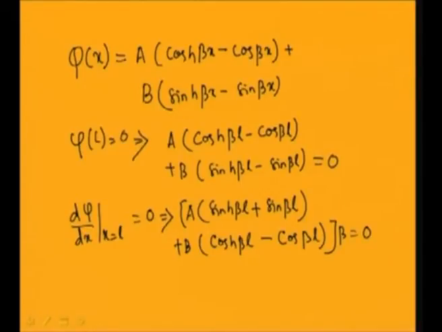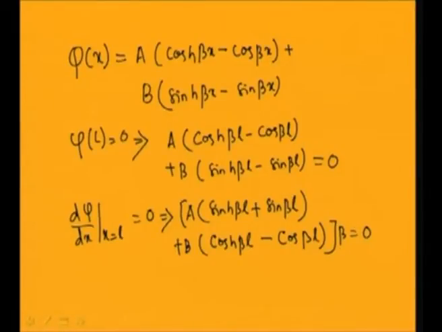So like the previous case, here also we can write a by b from this expression and also a by b from the other expression, and we can equate these two. So a by b will be equal to minus sine hyperbolic beta l minus sine beta l by cos hyperbolic beta l minus cos beta l.